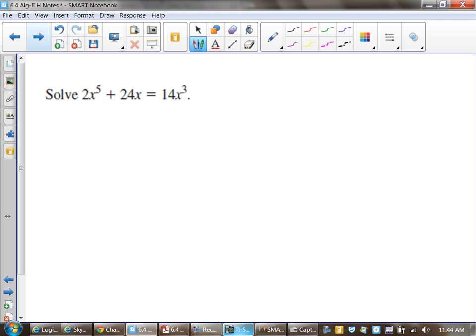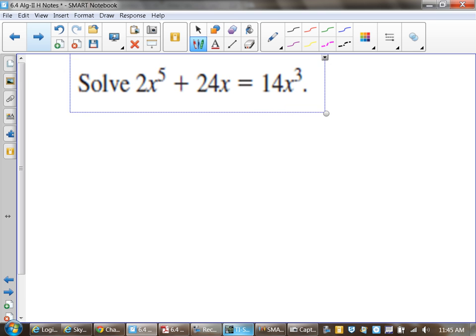Now what changed? There's an equal sign. Since there's an equal sign, what do you have to do at the very end? Move them over and set equal to 0. Find your zeros. Okay, so I have 2x to the 5th plus 24x equals 14x cubed. What's your first step? Bring it on over.